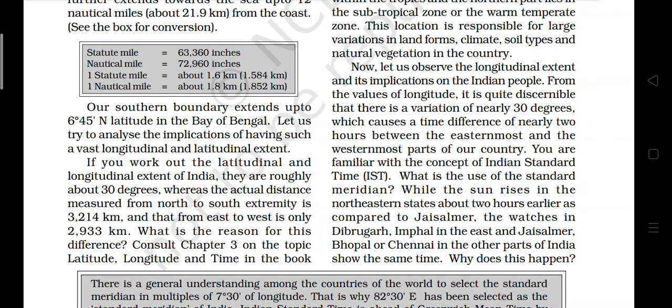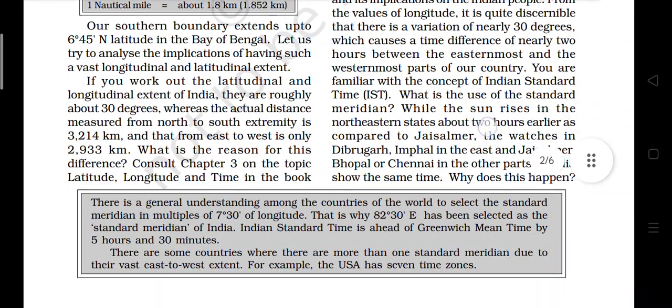You are familiar with the concept of Indian Standard Time. What is the use of a standard meridian? While the sun rises about 2 hours earlier in the northeastern states as compared to Jaisalmer, watches in Dibrugarh, Imphal in the east and Jaisalmer, Bhopal, Chennai in the other parts of India show the same time. Why does this happen?